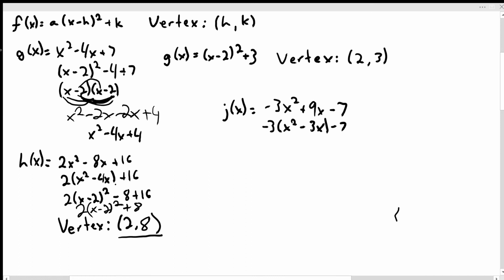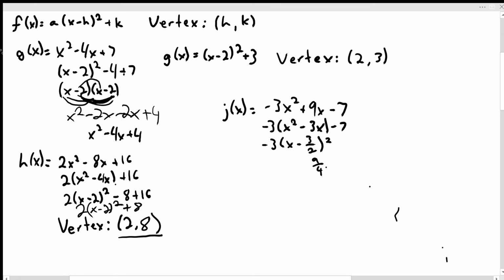The next step is to cut this 3 in half. So we'll have negative 3 times x minus 3 halves quantity squared. And we know that 3 halves quantity squared is the same as 9/4.